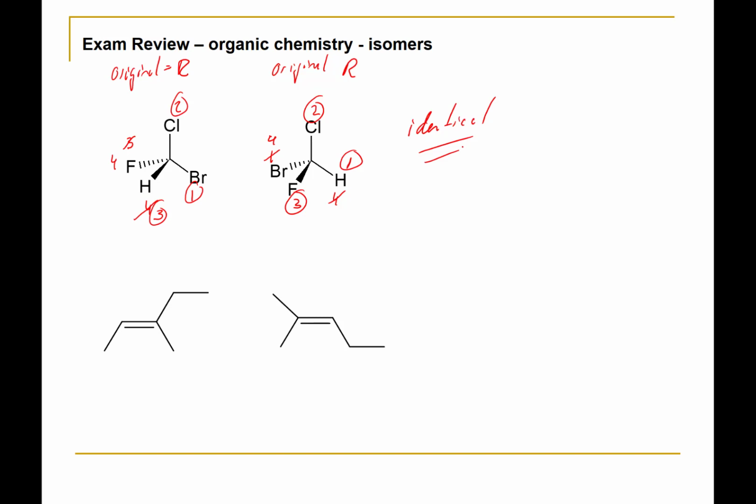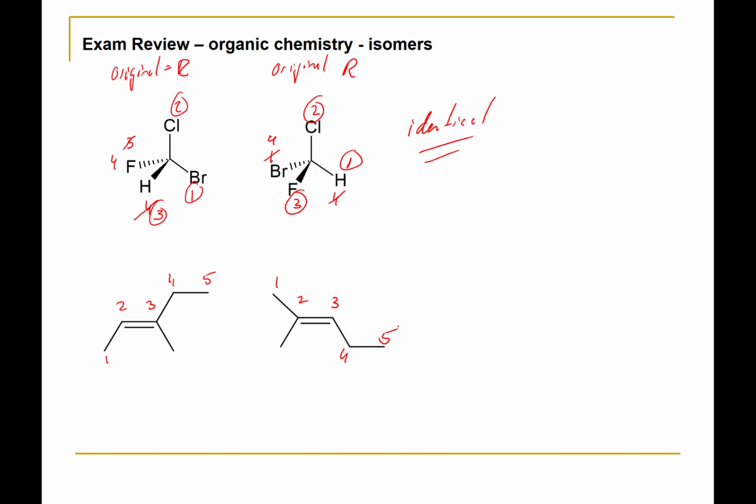Now I see I have carbon-carbon double bonds, and so at first impulse you might think that we have the EZ type of diastereomer. But I'm going to number my carbons, 1, 2, 3, 4, and 5, and then over here, 1, 2, 3, 4, and 5. Now I can see that in both cases, we have a double bond on carbon number 2.